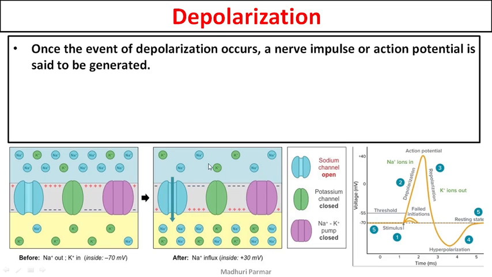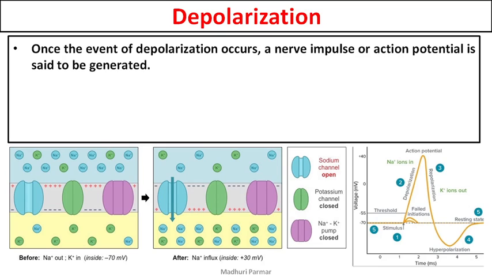Now what happens? The neuron was completely at rest, but suddenly a signal came or a signal was generated. So once this depolarization occurs, what is this signal? This signal is nothing but depolarization. A nerve impulse or action potential is said to be generated.